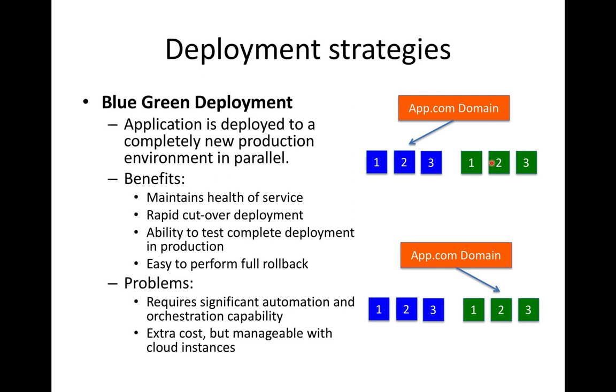But once we've updated all of our customers and things look good, then we could shut down the previous blue or the previous green instances to save on costs. And so we can use the elasticity of the cloud to rapidly spin up a copy of our current infrastructure, and we could use it for these blue-green deployments.